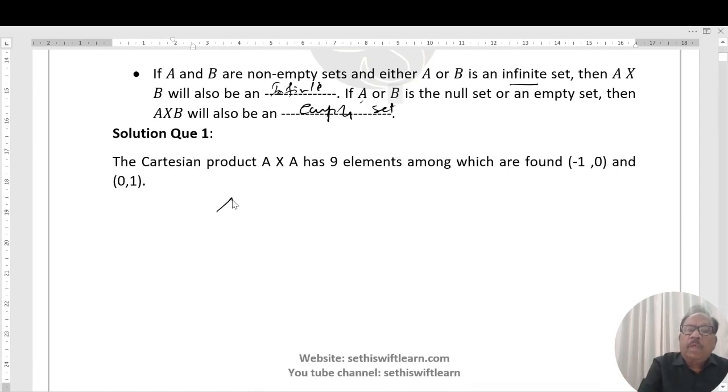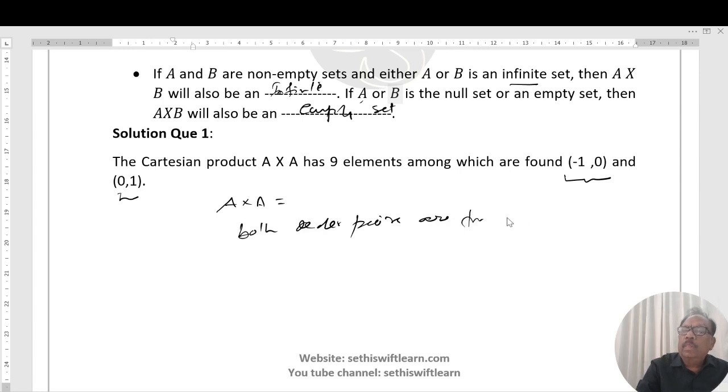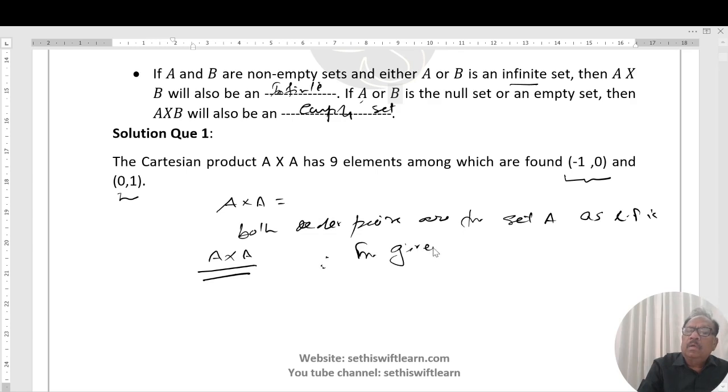Cartesian product A cross A means these two elements and these two elements, both ordered pairs, are from set A, as the Cartesian product is A cross A. Therefore, from the given information, set A will be {-1, 0, 1}.